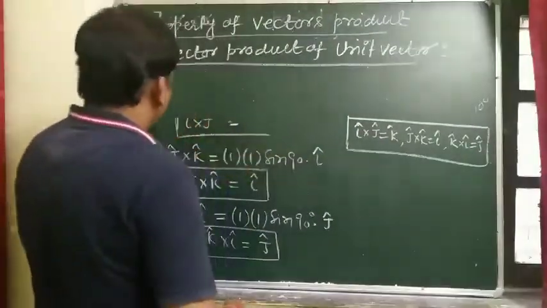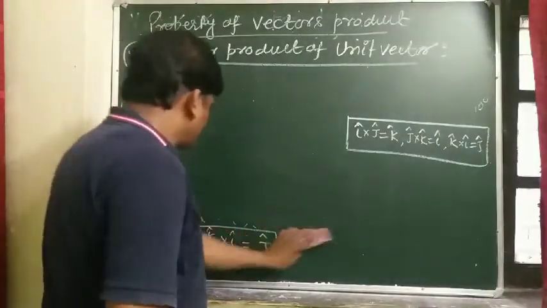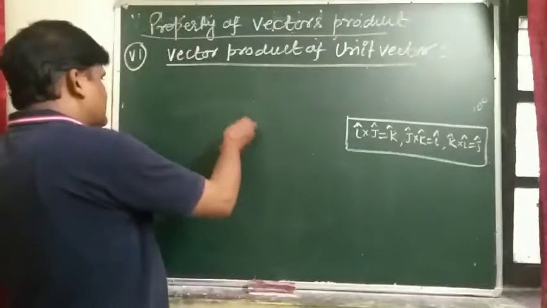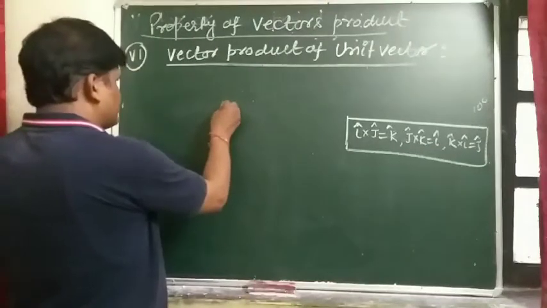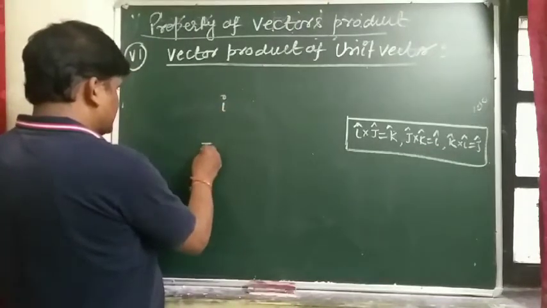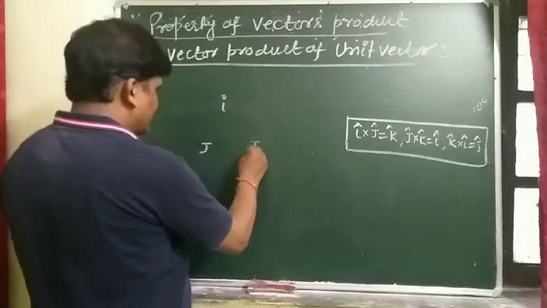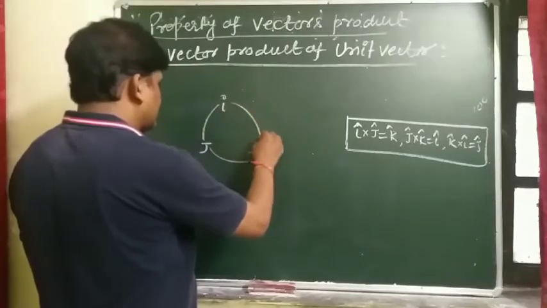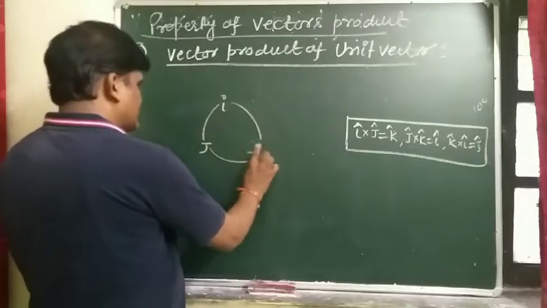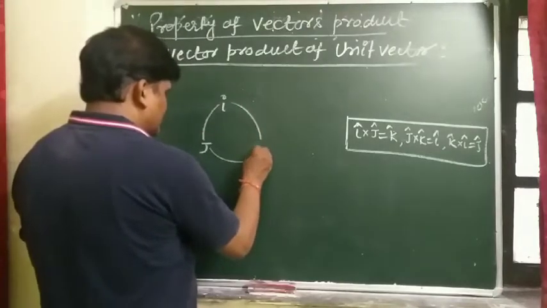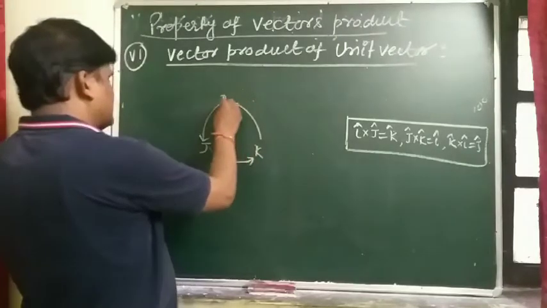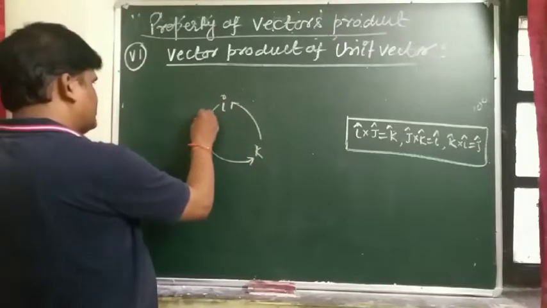And student, one diagram: if anti-clockwise rotation takes place, suppose i, j, and k, anti-clockwise rotation is taken to be positive.